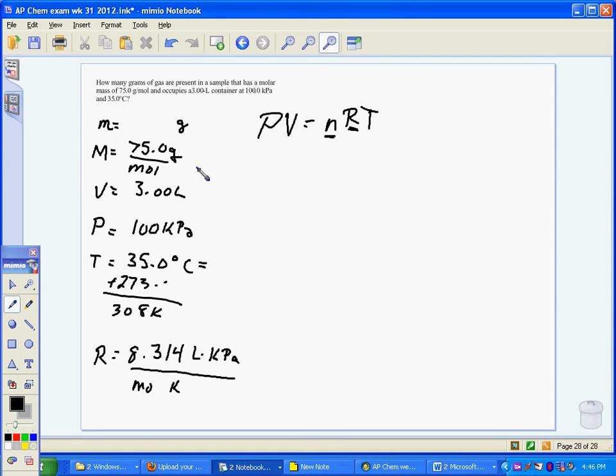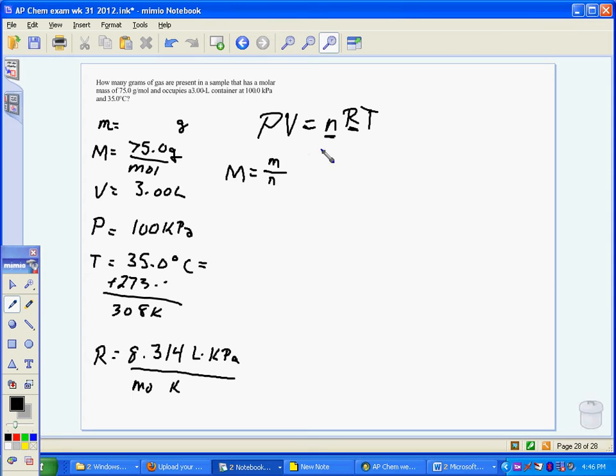Okay, now I know that the molar mass, which is capital M, is equal to my little m, my mass, divided by the number of moles. Okay, so 75 grams per 1 mole would give me a molar mass of 75 grams per mole.